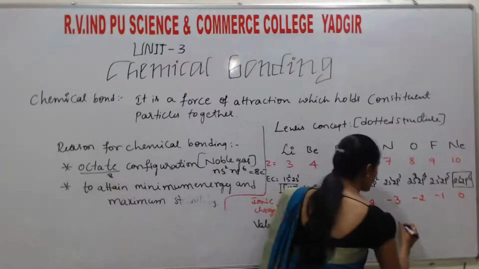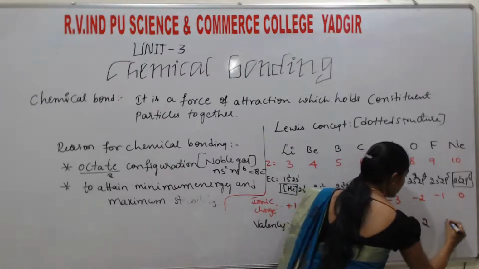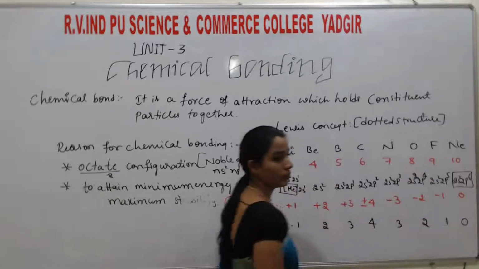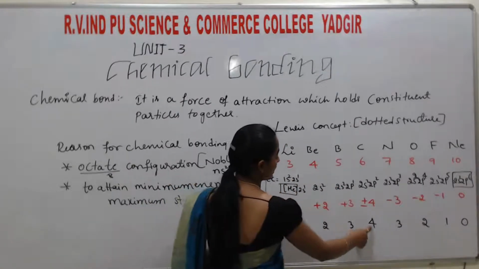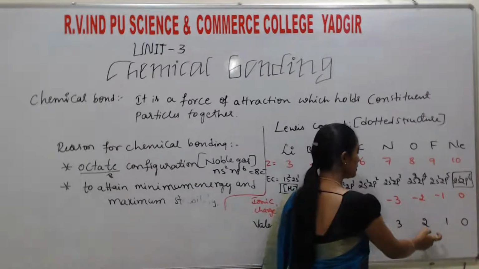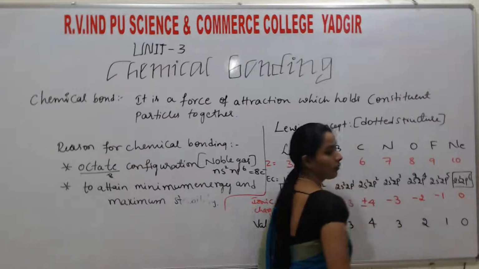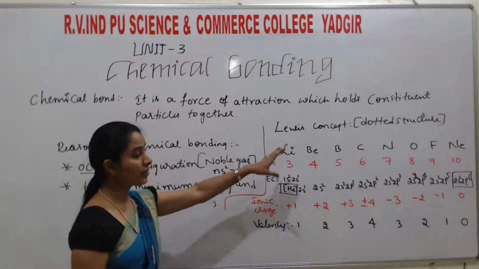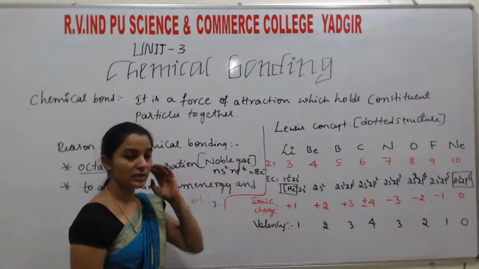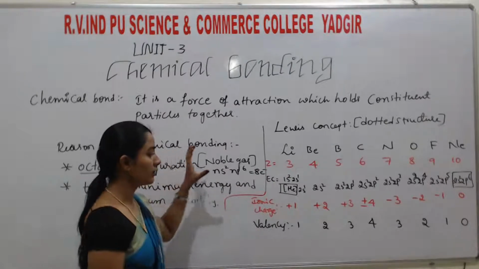Again, for nitrogen minus 3 means valency 3, then 2, 1, 0. Understood? This is monovalent, divalent, trivalent, tetravalent, again trivalent, divalent and monovalent, and 0. Understood? So the valency of the noble gas configuration is 0, which means they never react with other atoms.